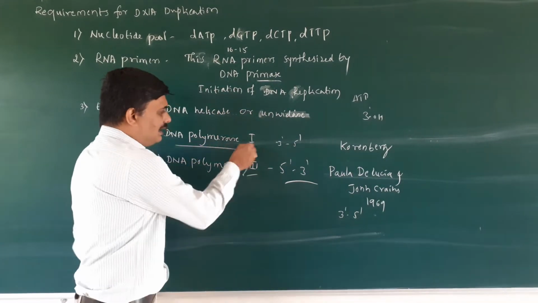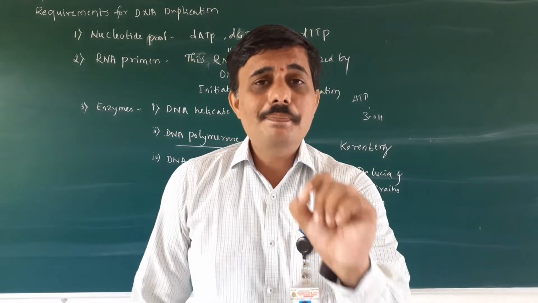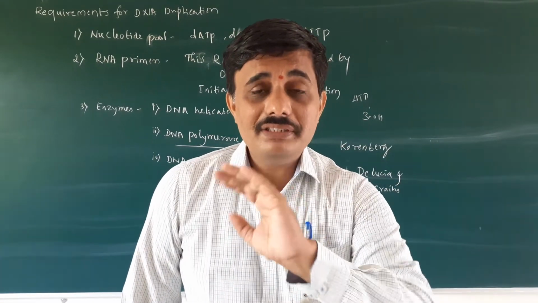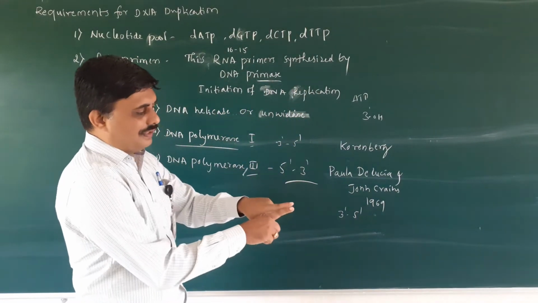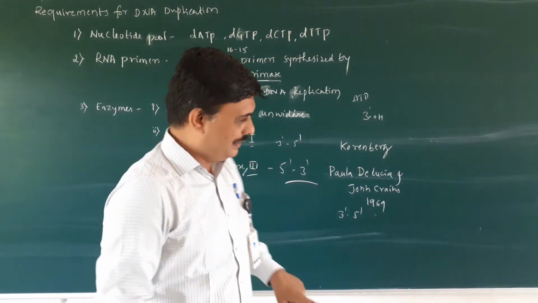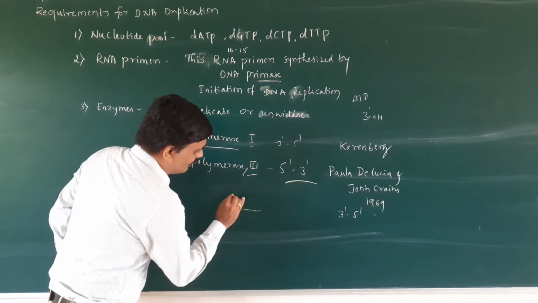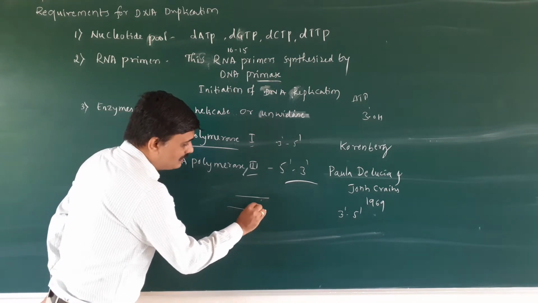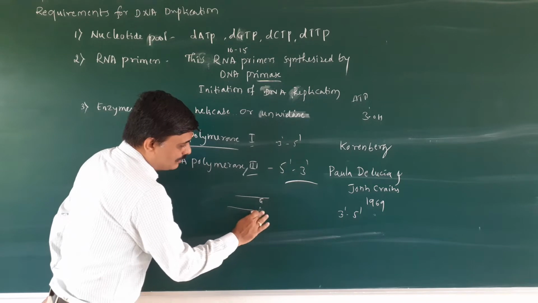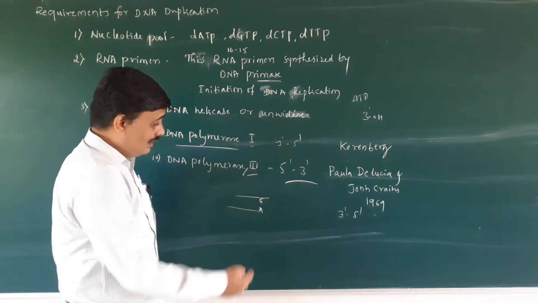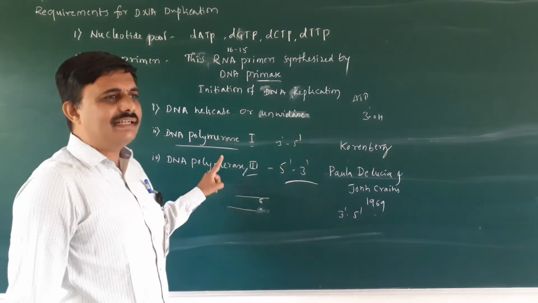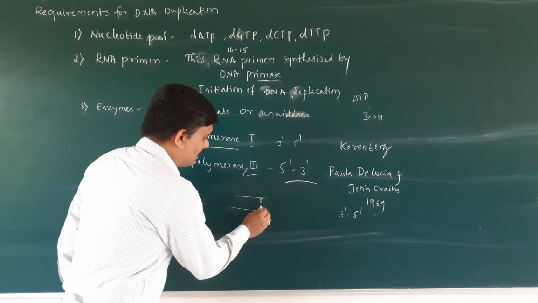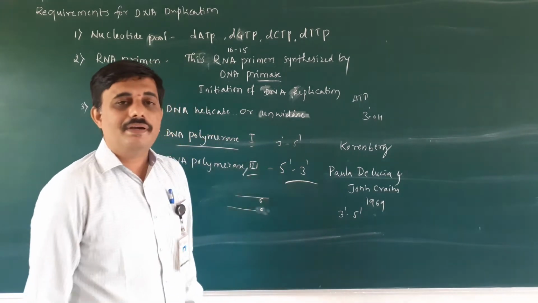And DNA polymerase 3 and 1 also have proofreading activity. What do we mean by proofreading activity? If there is a mismatch in the base pairing, meaning the new strand formed or synthesized against the old strand has a mismatched pair, for example if G or C is attached to A, it is removed by the exonuclease activity in DNA polymerase 3 and 1, and the correct pair is attached.